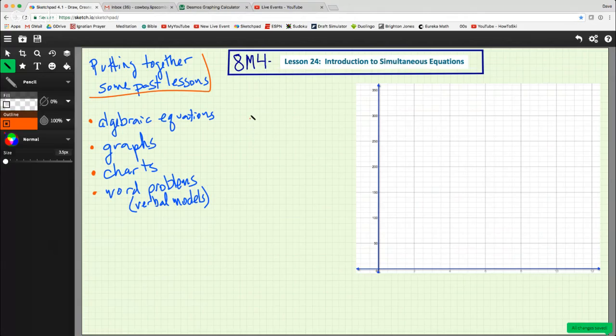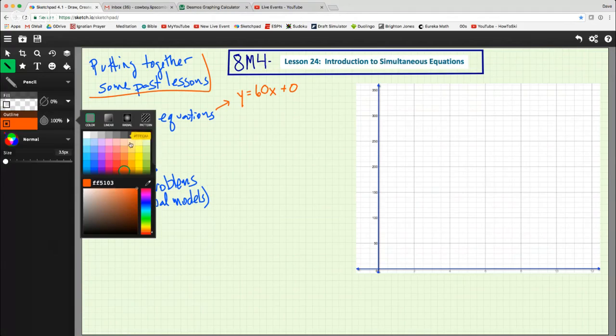We have this algebraic equation of y equals 60x. And we know that that means plus 0, to make a y equals mx plus b equation out of it.